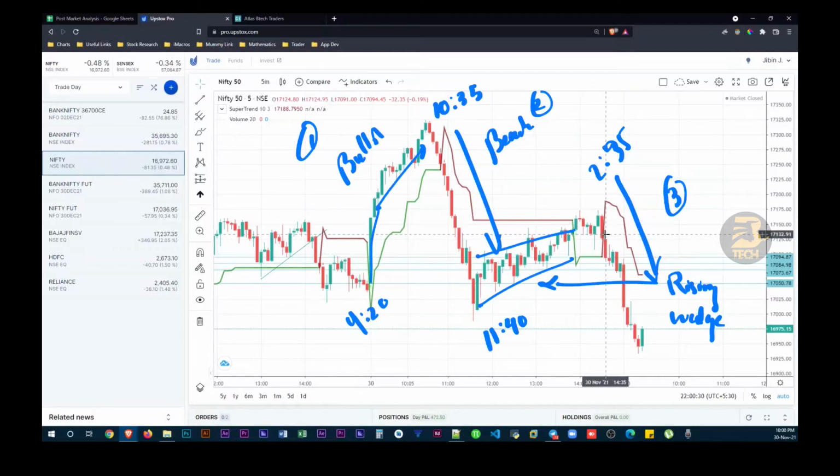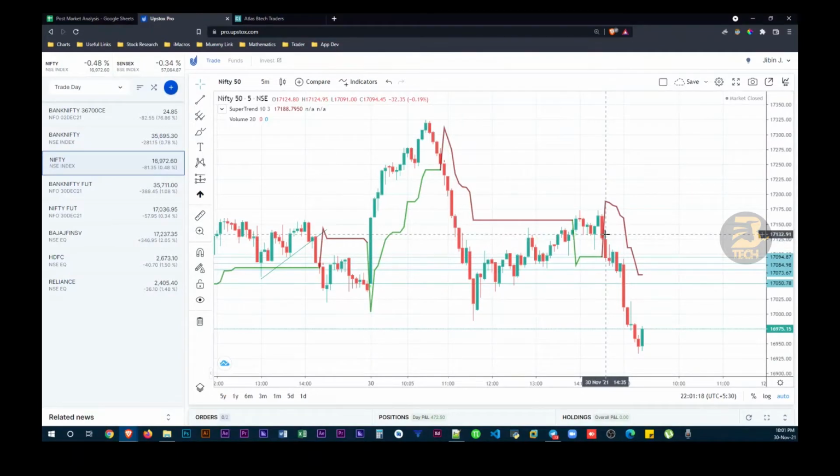So the question is, how can we actually predict these movements in advance so that you can get into a position and make a good return out of it? In order to do that, we use a tool. This tool is Chartink ATLAS. How can we get into the tool?